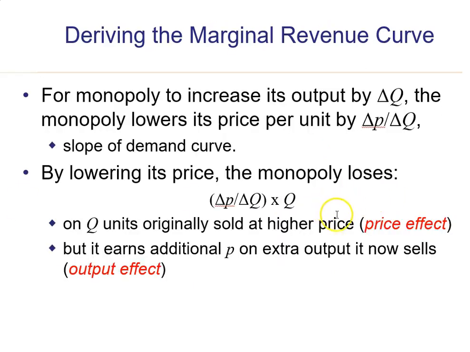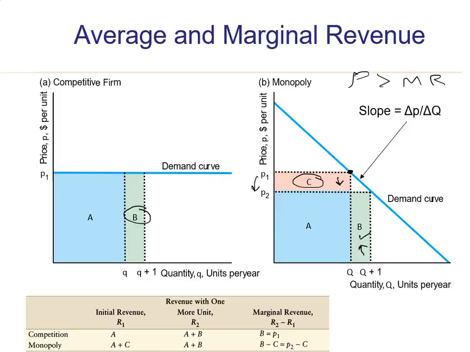So there is a price effect where previously you were selling the items at a higher price. This is the price effect that reduces revenue, and you also have an output effect. You're going to sell another unit of output at that new price P. So this will increase your revenue. That increase in revenue here is seen by area B. This is the quantity effect.